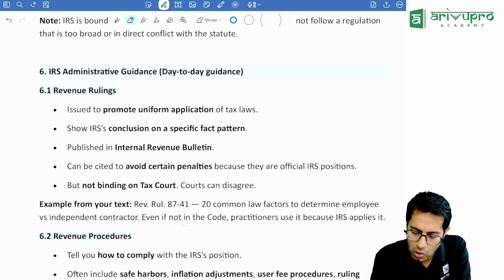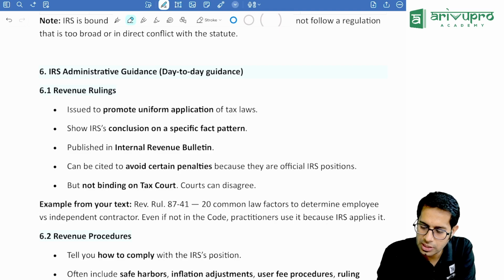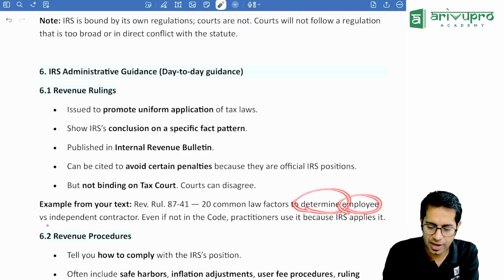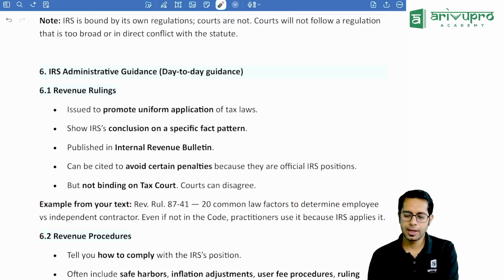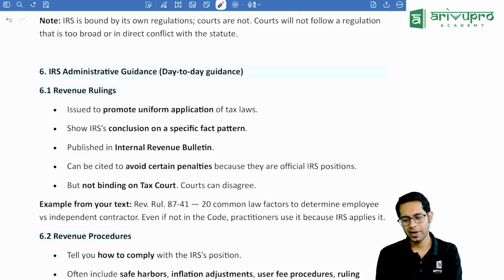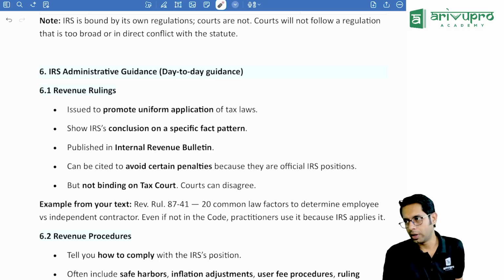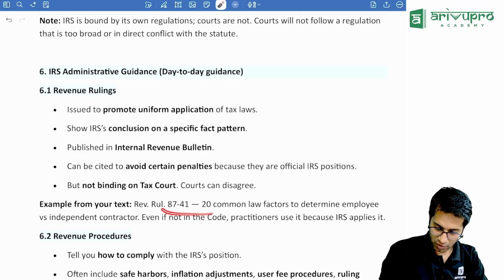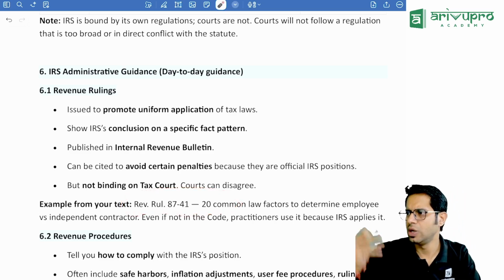Even if not in the code, practitioners use this because the IRS applies it. In our unit number 1, we have studied that a person who is doing work can be divided into two categories: either an employee or an independent contractor. So what is the basis of determination of that, for which they have given this ruling? This ruling can be followed by you.